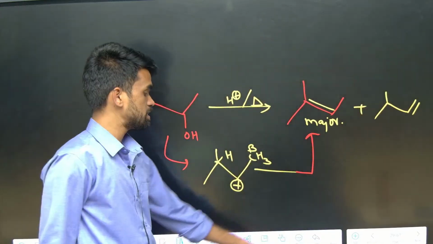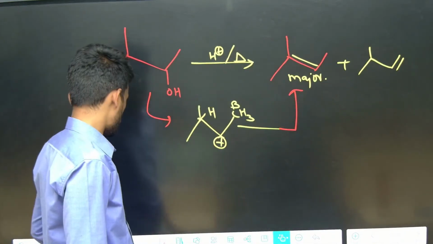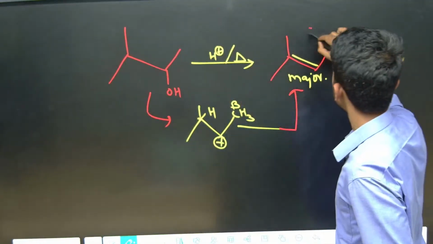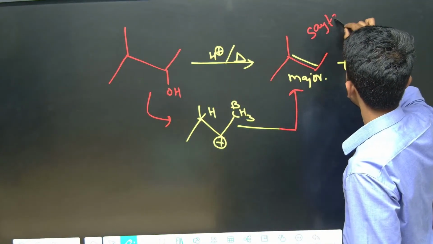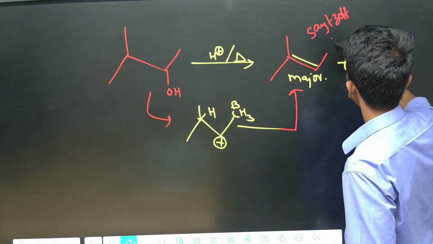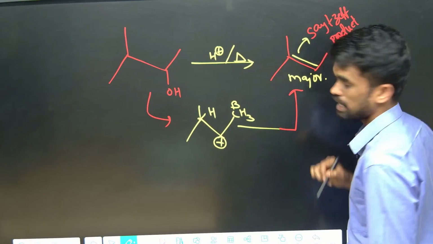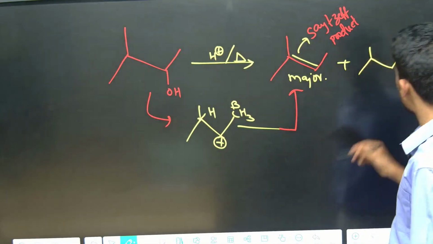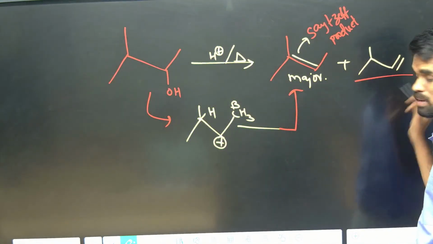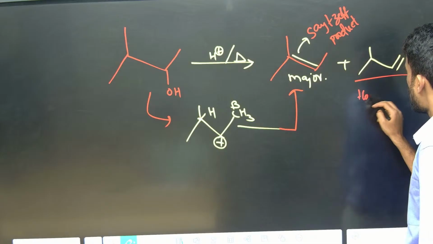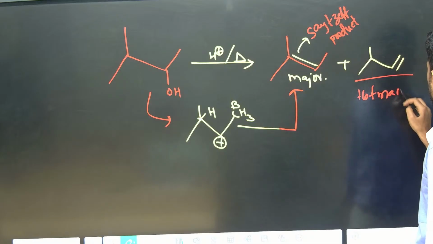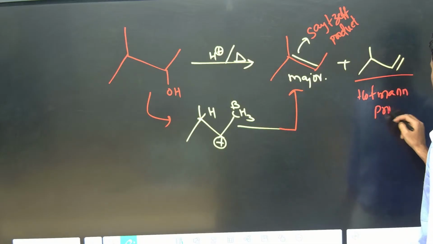These internal alkenes, the more stable alkenes, are called Saytzeff product. And these terminal alkenes formed are called Hofmann product.